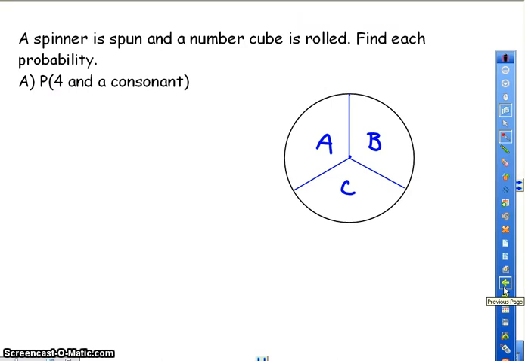So a spinner is spun and a number cube is rolled. Find each probability. So the probability of 4 and a consonant. It says "and," so I know it's going to be independent or dependent. Because I'm spinning a spinner and rolling a number cube, one is not going to affect the other. So this is an independent event.